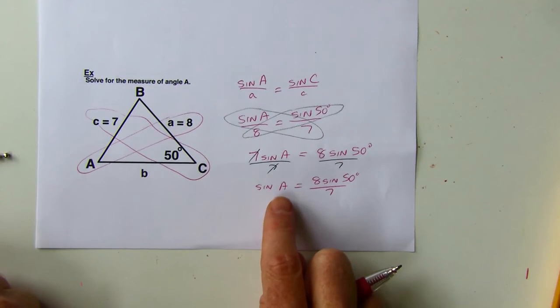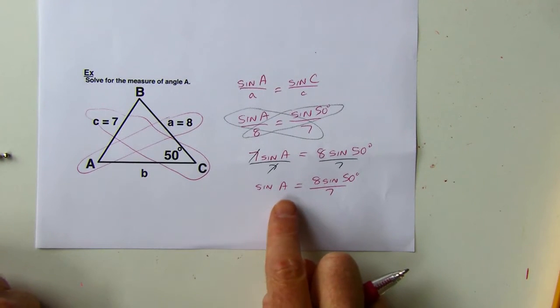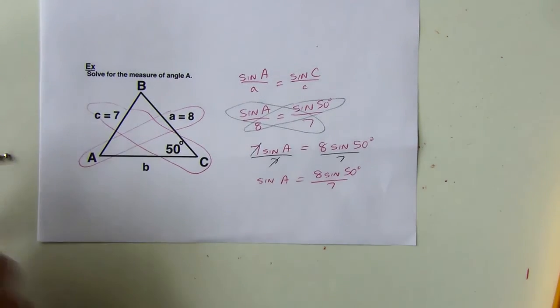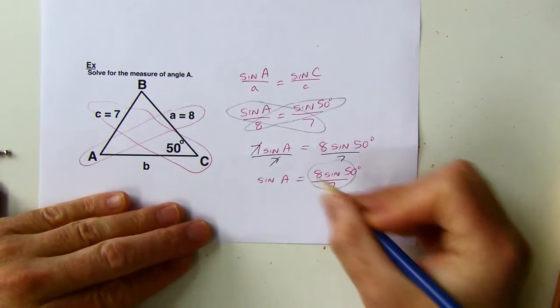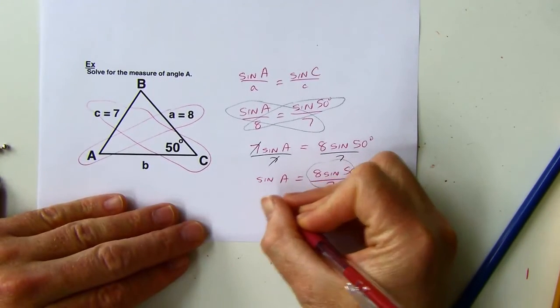And you could do that right now, but then I'm going to have 2 sines in there. I'm going to have the inverse sine of this whole fraction, and sometimes that freaks people out. But what I'm going to do instead is just convert this into a decimal, okay? Just to make it look a little nicer, and it's a little less intimidating.